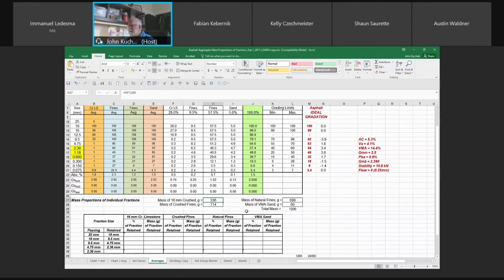We know that when we're doing a Marshall mix design, we need approximately 1,200 grams of dry aggregate, and then we're going to add AC, asphalt cement. And we know that gives us the proper thickness in the mold, proper mass. Excuse me, and that's part of the Marshall mix design.